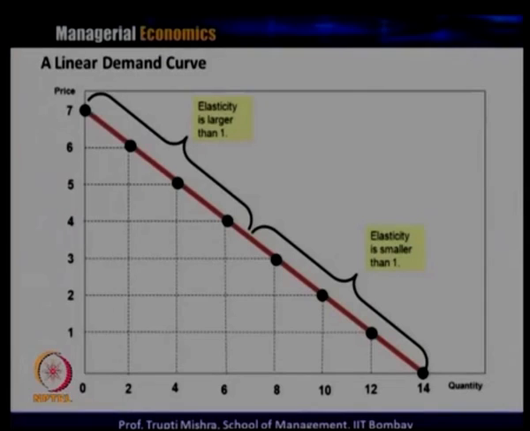So, in a typical linear demand curve, at the midpoint E is equal to 1. In the upper segment, the elastic segment, E is greater than 1. At the extreme point, we get E equal to infinite. At the lower segment, the inelastic segment, elasticity is less than 1, and at the x axis E is equal to 0.